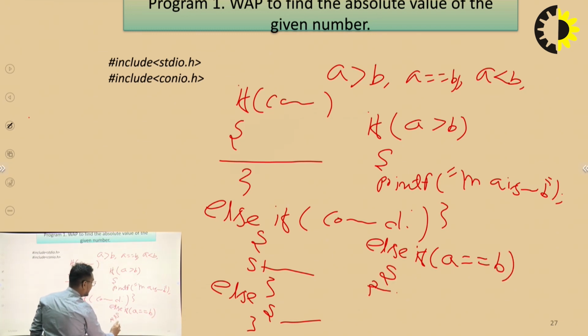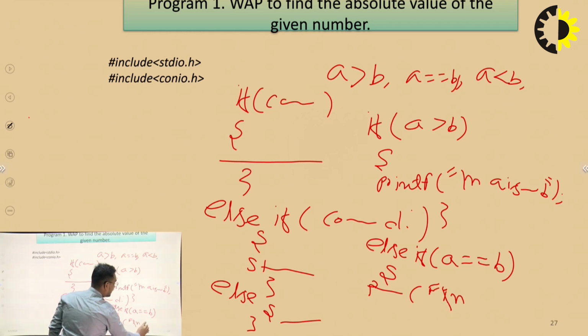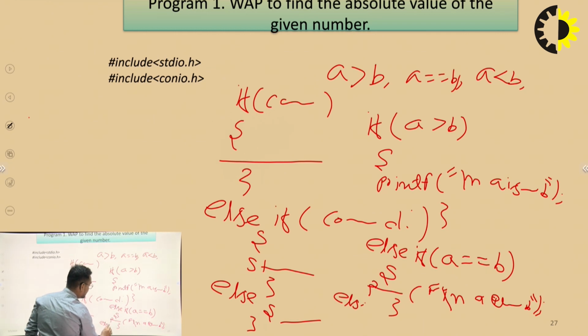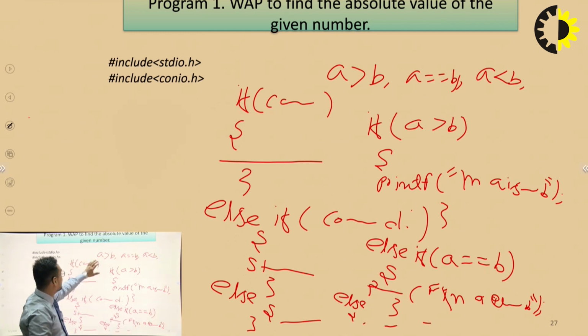Now write printf("\nA equal to B"); then this one is closed. Now write the else statement, and here you write just the opposite of the if statement, B is less than A. Then you have completed the else if section. The syntax is: if condition, then statement; else if condition, then statement; else, then statement.